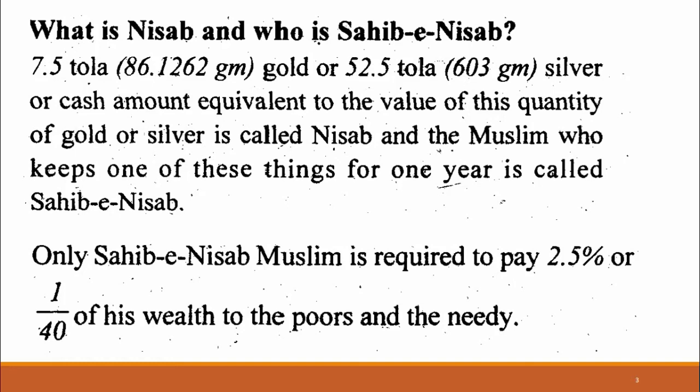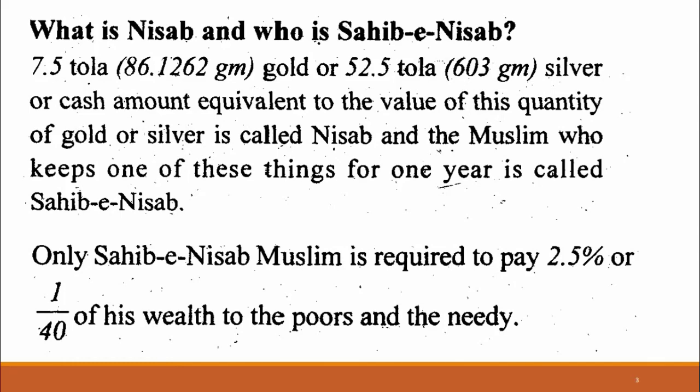If the person has 7.5 tola gold or 52.5 tola silver, or the cash amount equal to the value of this quantity for 1 year, then the Muslim should pay zakat at the rate of 2.5%.